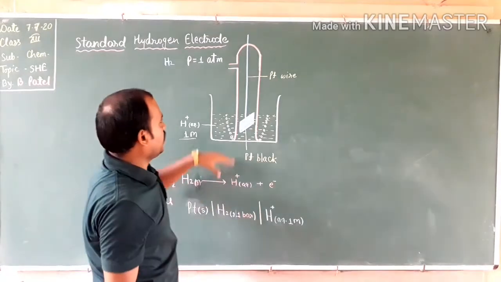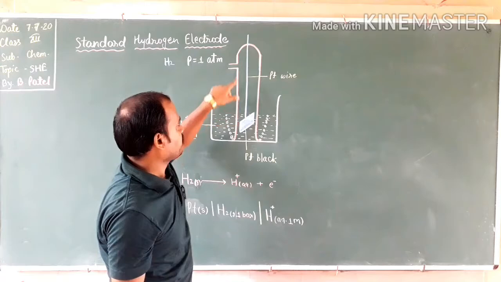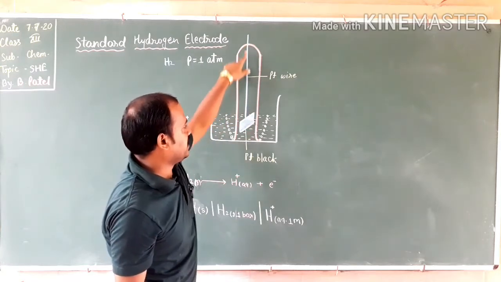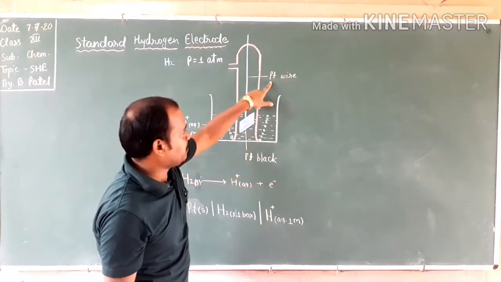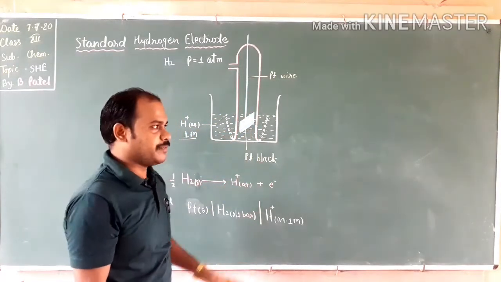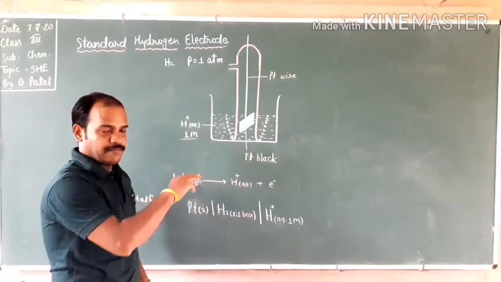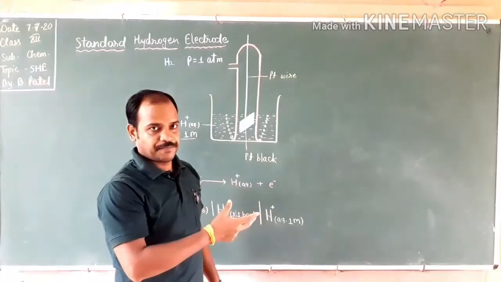Why? Because this one is standard. So under standard condition, concentration is 1 molar. Second thing, here there is an inverted tube. In this inverted tube, a platinum wire is there. On this platinum wire is Pt black. Pt black means finely divided platinum is coated on the platinum metal.